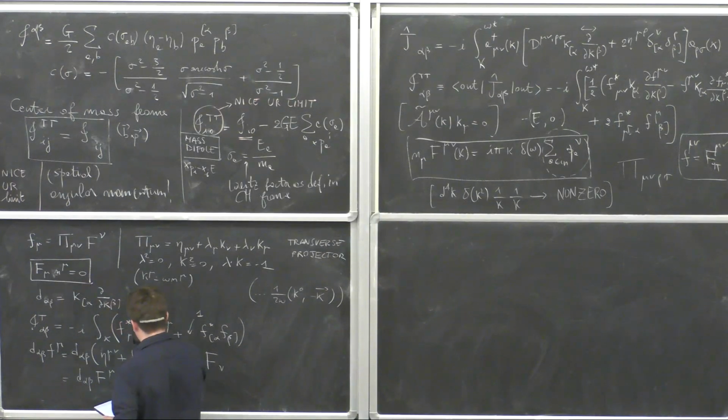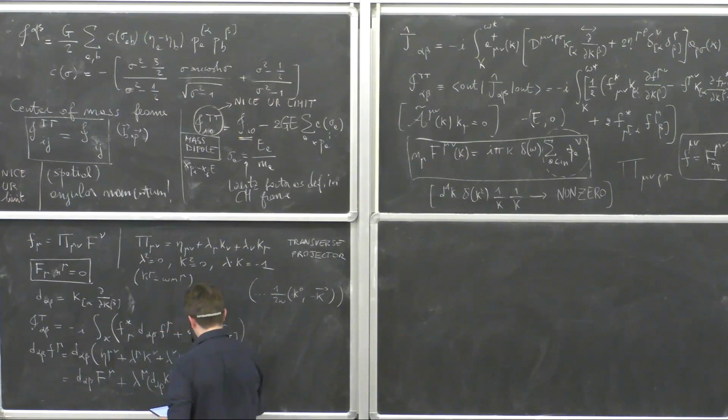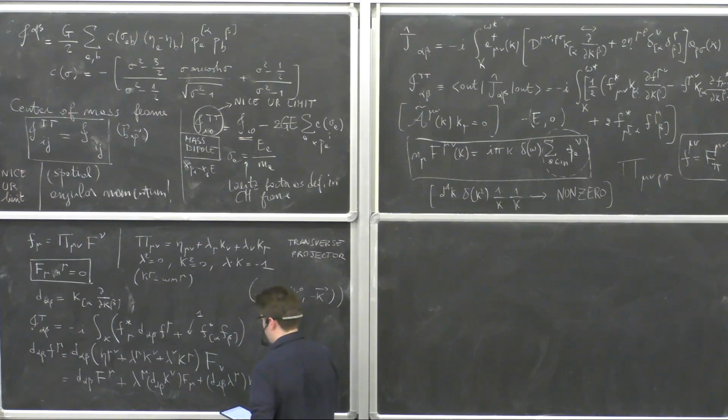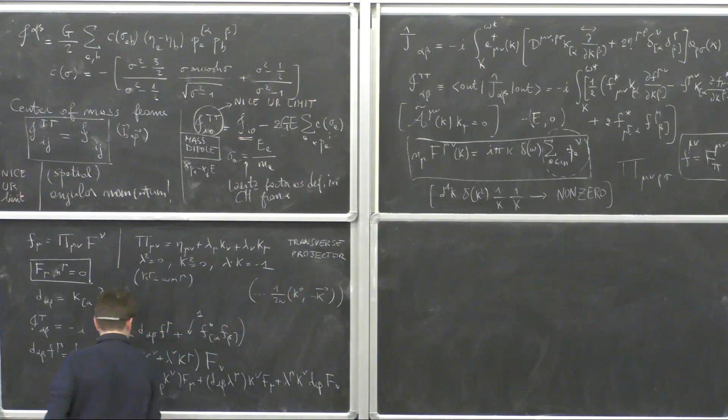So if we have lambda mu, it is not a specific problem, you get d alpha beta k mu f mu plus d alpha beta lambda mu k nu f mu plus lambda mu k nu d alpha beta f mu, and then you have to go on with the other guy, which is just nu and mu interchanged.